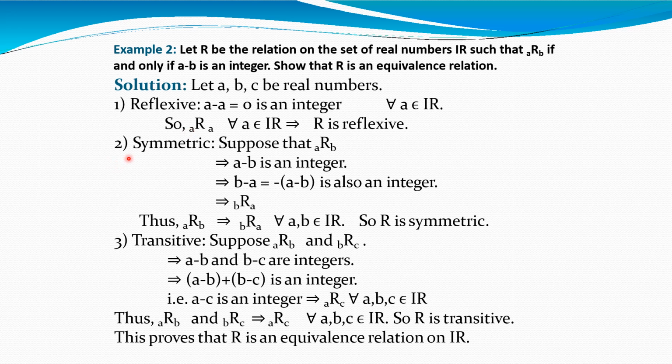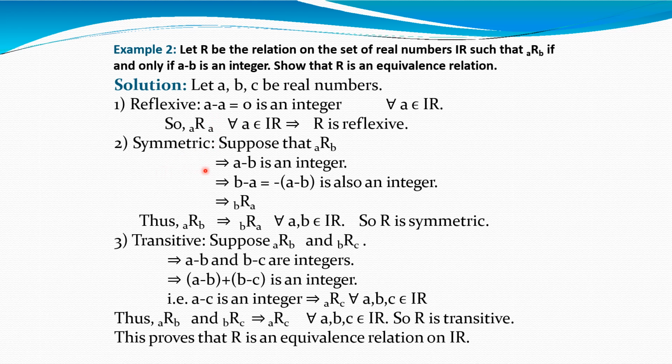Now second property is symmetric. Now in symmetry we have to show that whenever a is related to b, then b is related to a. So we start with the assumption that a is related to b for two real numbers a and b. Now by using definition of relation, a related to b implies a minus b is an integer. Now concentrate on the thing that we have to prove, that is b related to a. Now by definition b will be related to a if and only if b minus a is an integer.